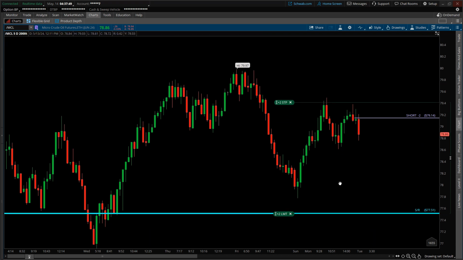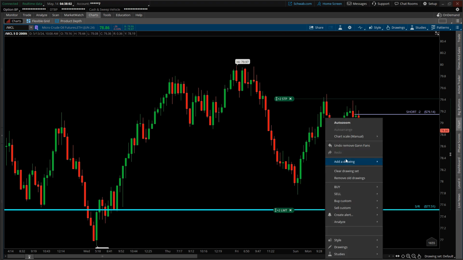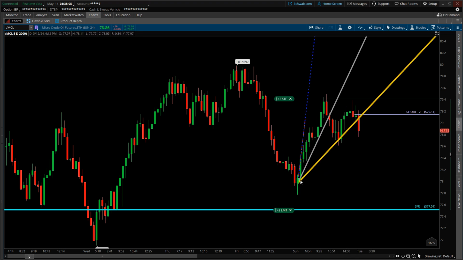So what I did was, as price was heading into midnight for May 14th, I overlaid a tool called the Gann fan. Using this low point here, I was anticipating that if price was going to break below the yellow support level, there was a probability that price may come back down and retest 77.51.